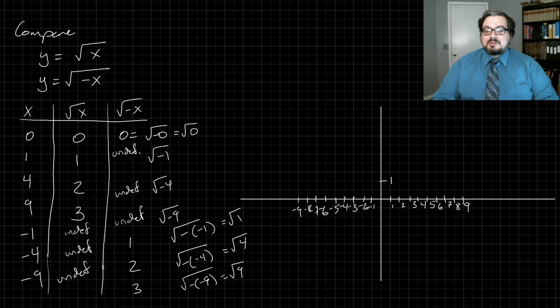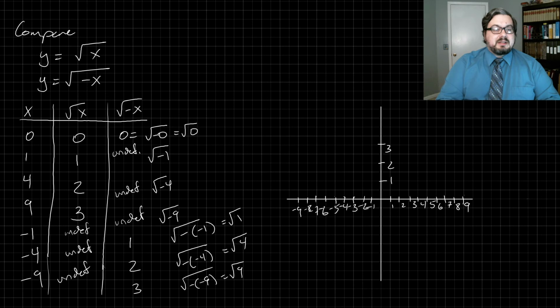So I'm going to let a single square on the grid represent 1 unit in the x direction, but only half a unit in the y direction, in order to help illustrate the graph.